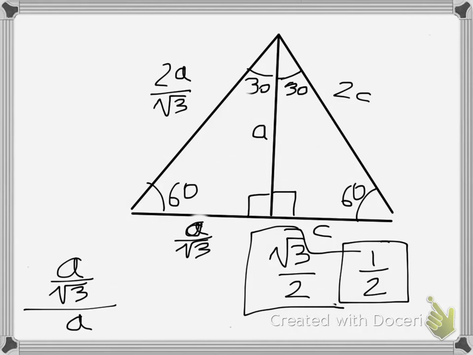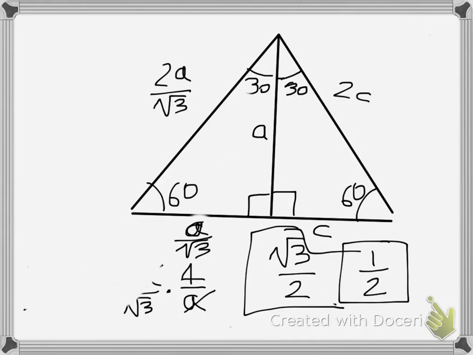So a over the square root of 3 divided by a is the same as a over square root of 3 times 1 over a. So these two a's cancel, and we get that the tangent of 30 degrees is 1 over the square root of 3.